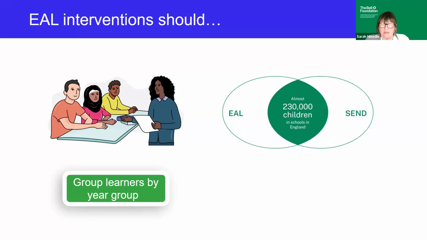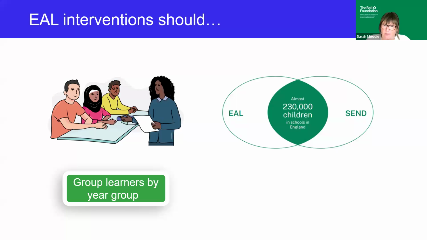So although it might be tempting to put EAL learners from different year groups who are roughly at the same language level in one group, in fact, it's easier, maybe not easier for the teacher, but it's easier to achieve that aim of linking it to the curriculum content if you group the learners together by year group. And if that means you have learners at slightly different language levels in your group, that's no more differentiation than a class teacher has to do every day. It should be perfectly achievable, and it will enable you to link the curriculum material much more closely.